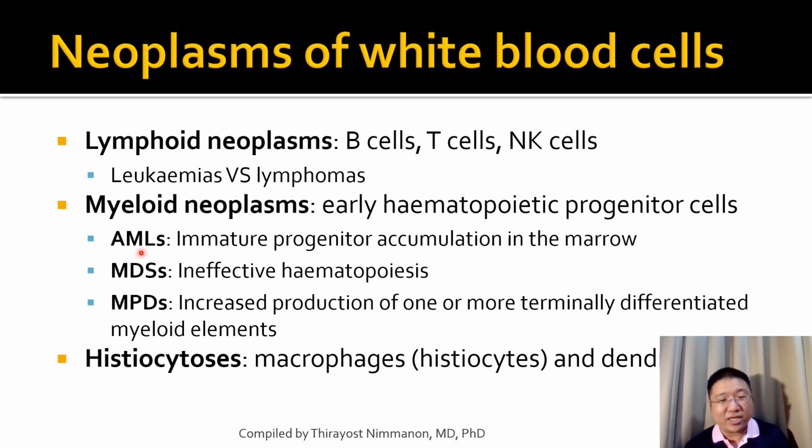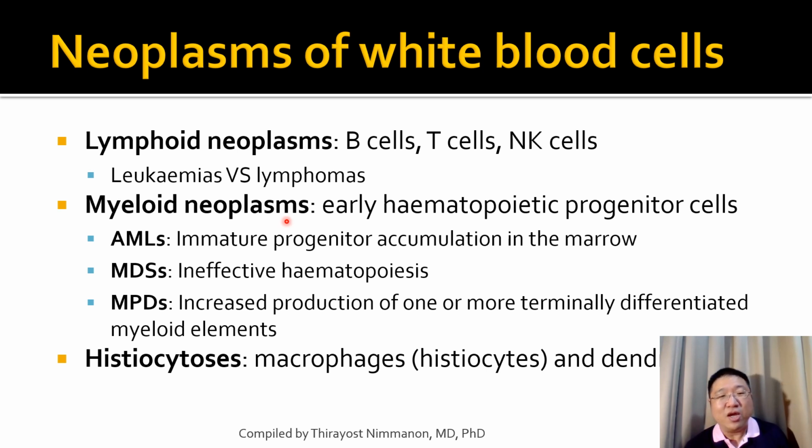acute myeloid leukemias. So the common feature, the common pathogenesis of acute myeloid leukemia is the maturation arrest. So we will see young, immature cells within the bone marrow. They are blasts, myeloblasts within the bone marrow, and those blasts will be leaked into the blood circulation.